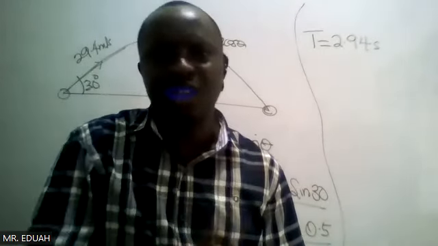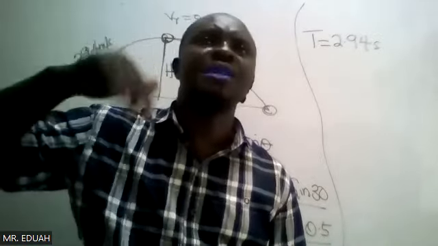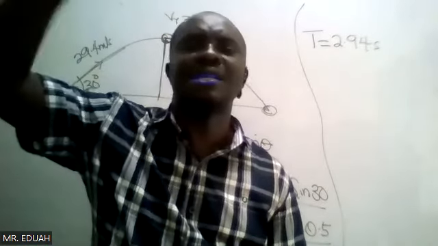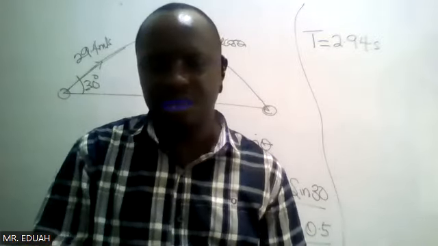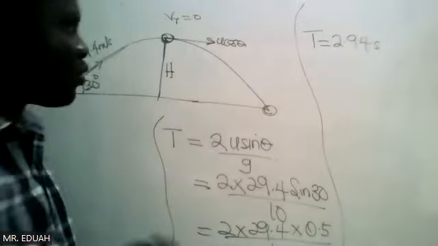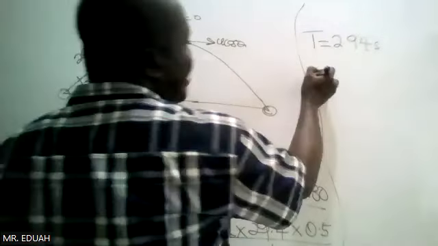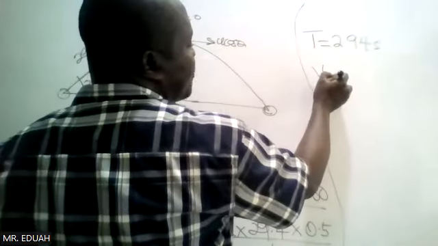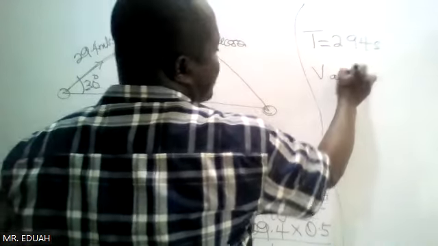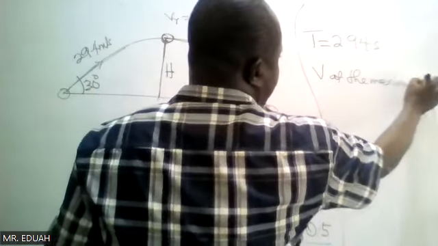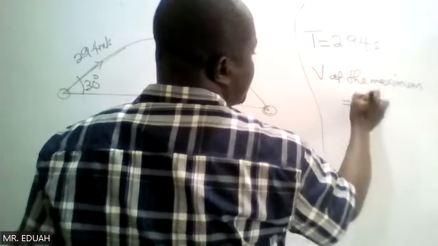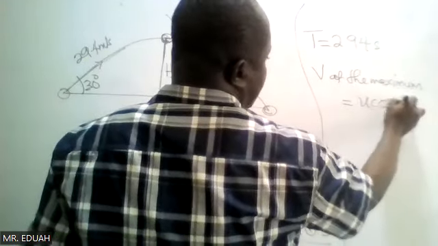So the velocity of the body at the maximum height is equal to u cos theta.